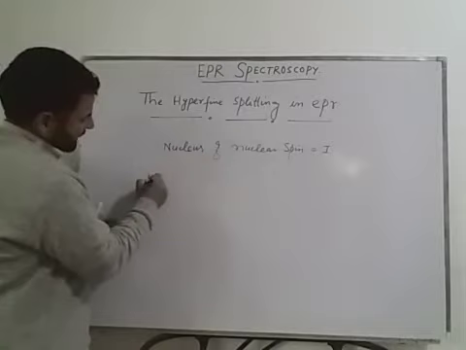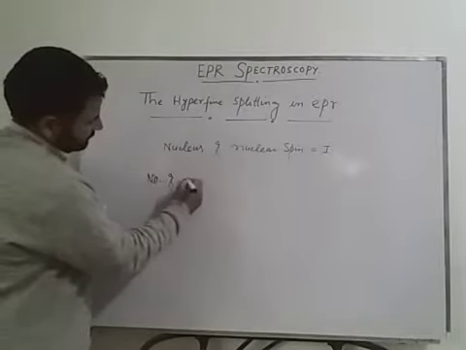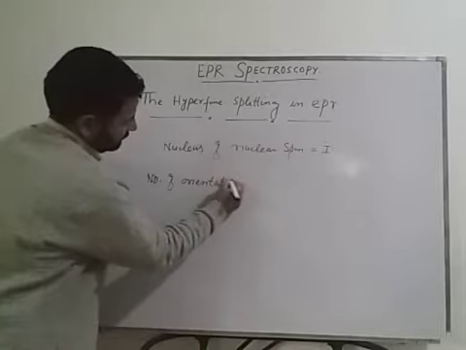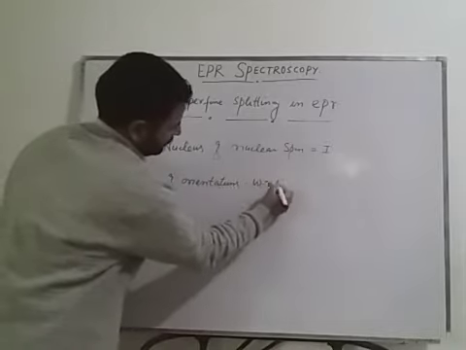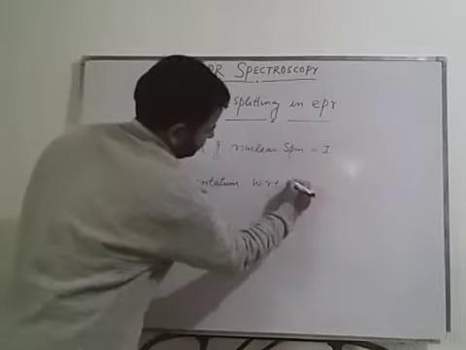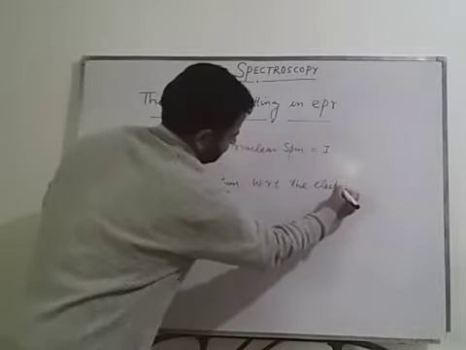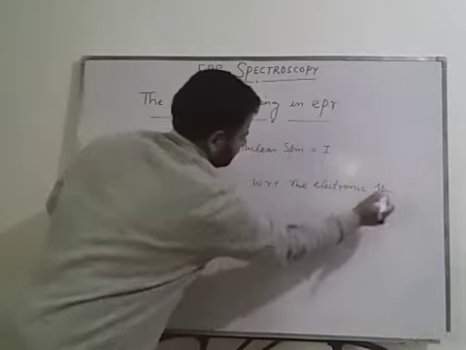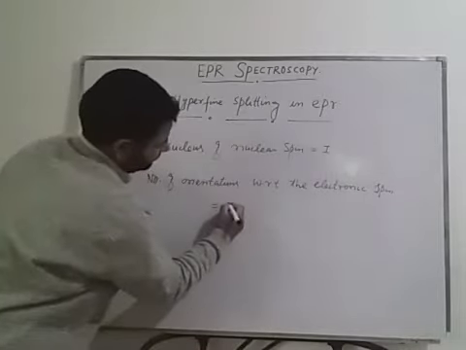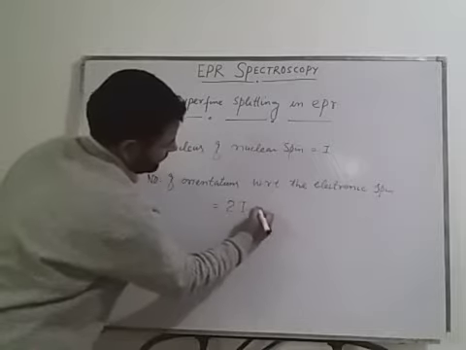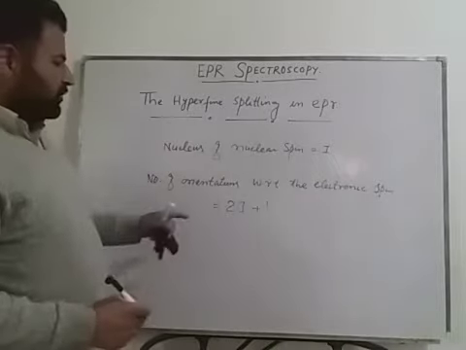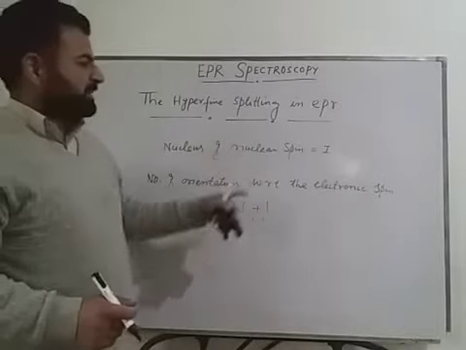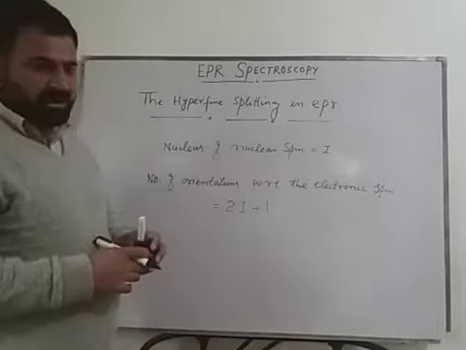The number of orientations with respect to the electronic spin will be equal to 2I plus 1. So 2I plus 1 orientations are possible for the nuclear spin with respect to the electronic spin.